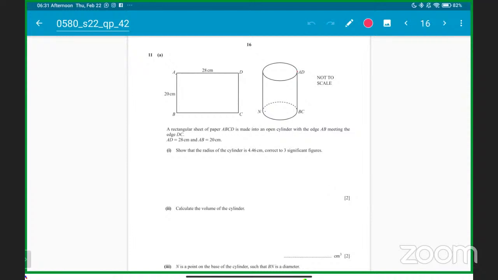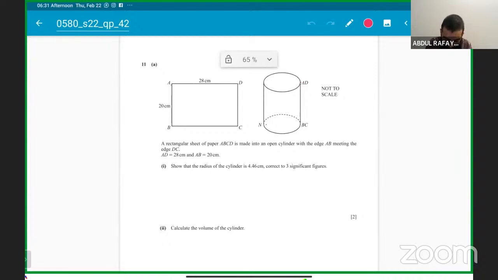Come on, quickly read it, so we'll start solving very quickly.